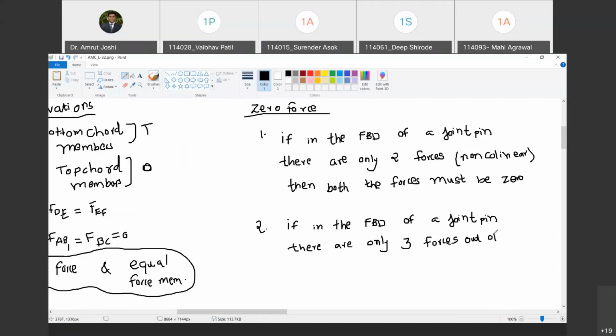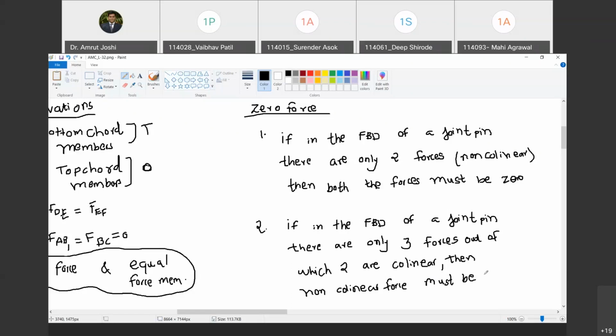Out of which 2 are collinear, then the non-collinear force, meaning the force that is not collinear, must be zero.